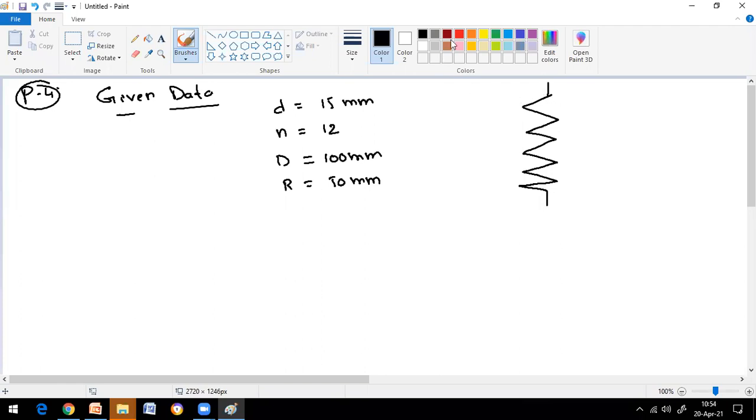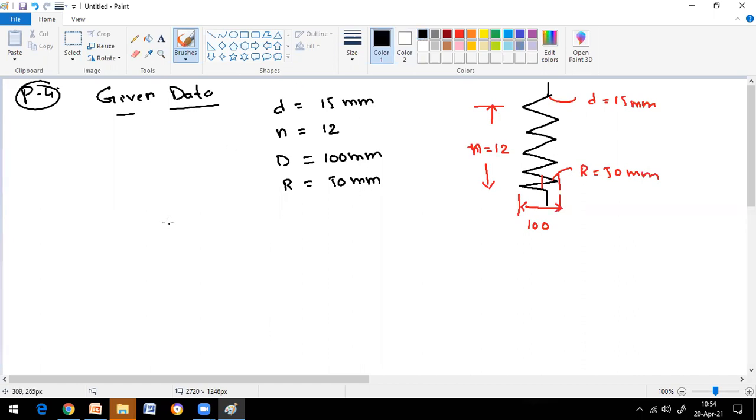So this is your spring. In this, the wire was given as 15 dia, and the diameter of the coil is given as 100, by that your radius will be 50, and the number of turns are given as 12.